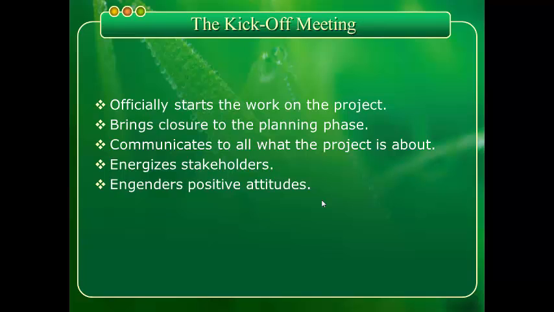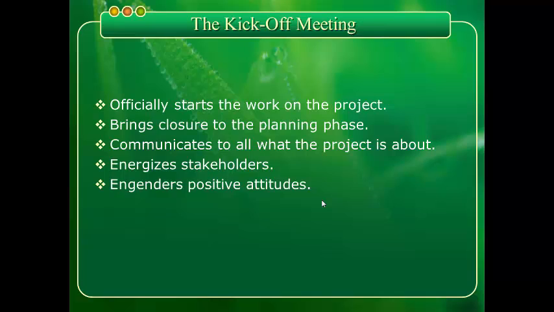Then, upon carefully planning, initiating all the safety measures, and closing and finalizing all the planning phase, we should proceed to the communication of what the project is about. So let's communicate to all what the project is about.